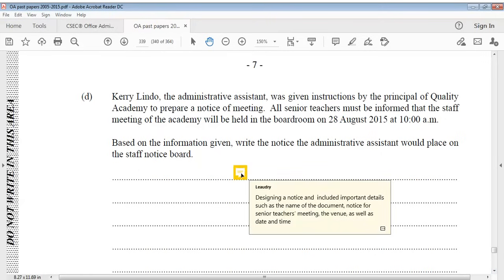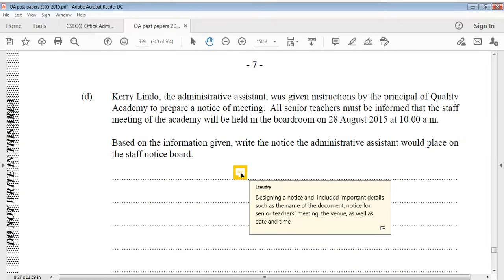So you are going to do this, but I'll just list the guide that you would need to include in your notice. So these are some important details that you must ensure are in your notice. 1, the name of the document. 2, notice for senior teachers meetings. 3, the venue as well as the date and time.